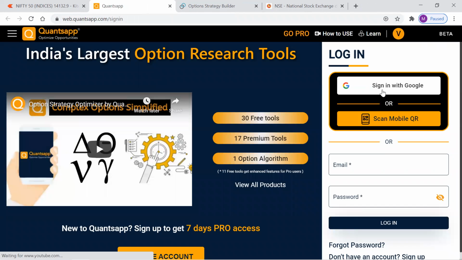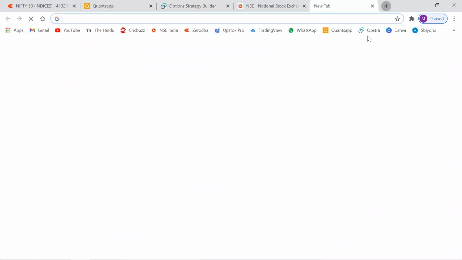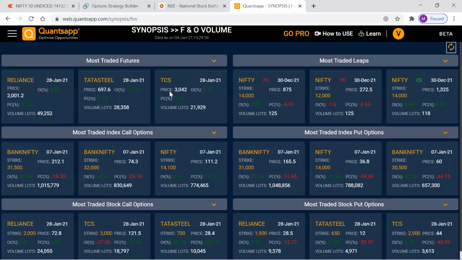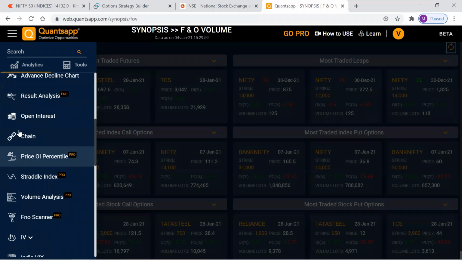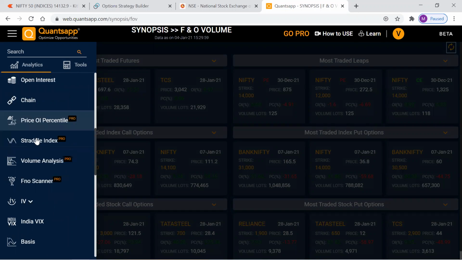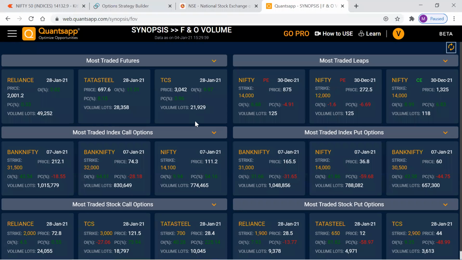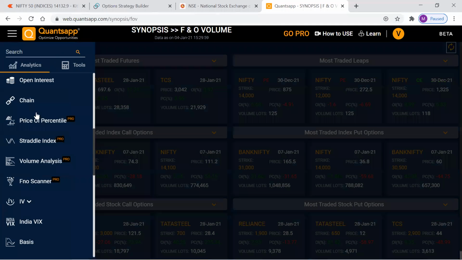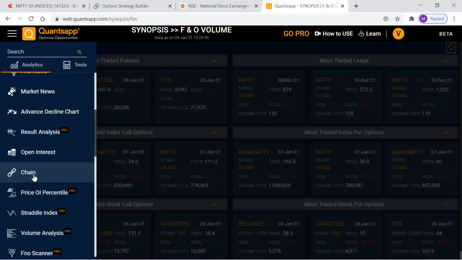Then select web application. You need to log in with Google. I have already logged in. After logging in, this is how the screen looks. Then you need to click on the top left banner. Then click on this chain. I repeat, after logging in with your Gmail, you need to click on the top left banner, then select chain.